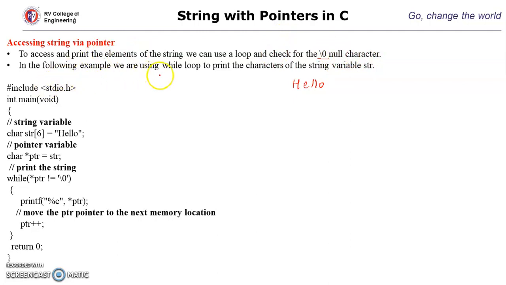Now in the following example, we are using a while loop to print the characters of the string. We'll first draw the memory diagram of this, and then it will be more clear. So hello means this is index 0, then 1, and then L, and again L, and O, and this is the null character.